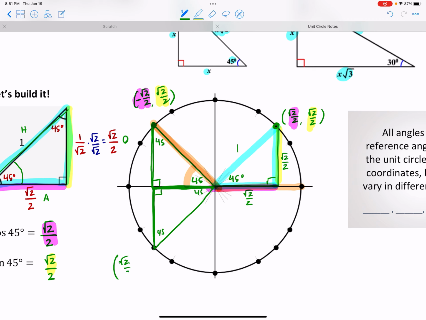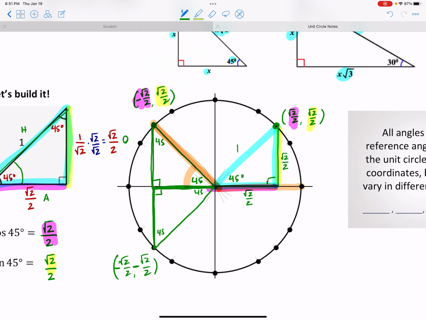So the same coordinates, but again, we're in quadrant 3. I had to go left and I had to go down, so now those values are both negative. And those values, again, are going to represent the sine and the cosine, or the cosine then the sine, for an angle. The question is now, what is the angle?